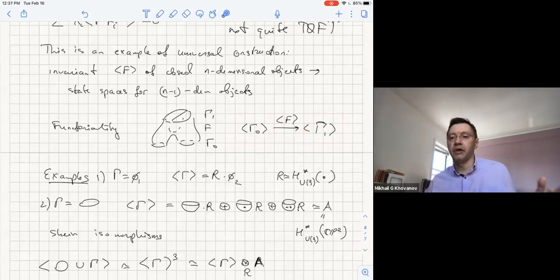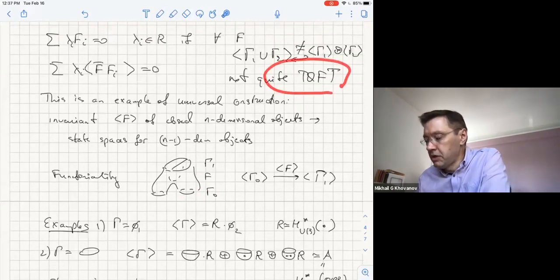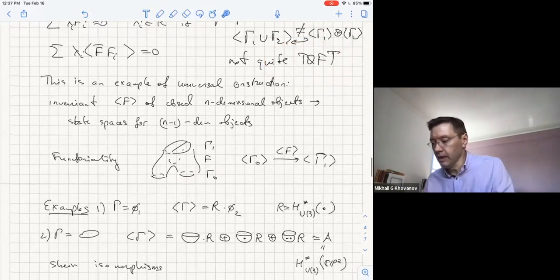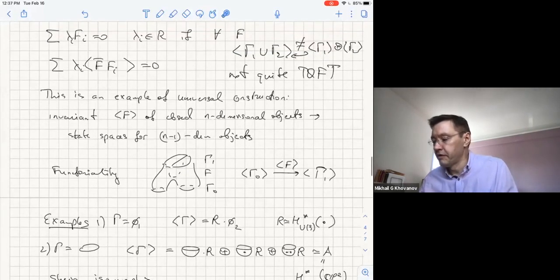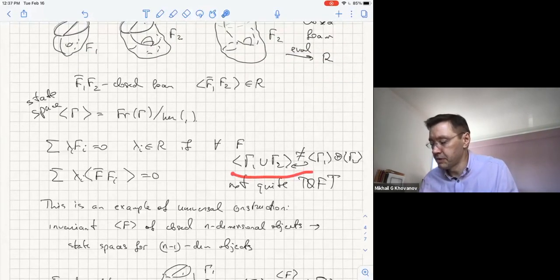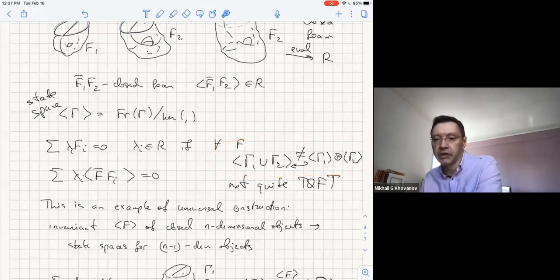So we still get a functor. For each cobordism, we can assign a map of the state spaces. It's still a functor, but not quite a TQFT in general. And particularly in the example we're discussing today, it's not known whether it's a TQFT, whether there are such isomorphisms, for gammas planar trivalent graphs.